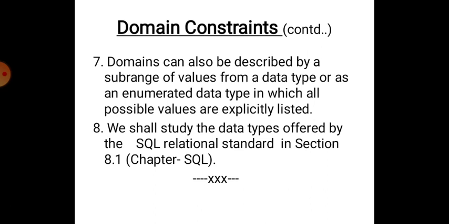Students will be learning SQL, that is structured query language. In that we'll read more about these data types.